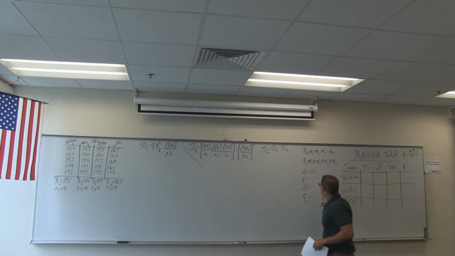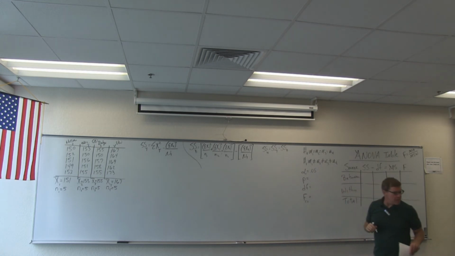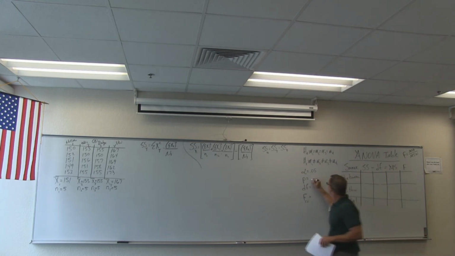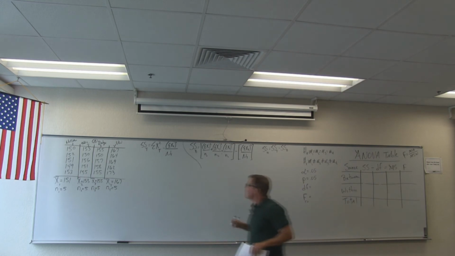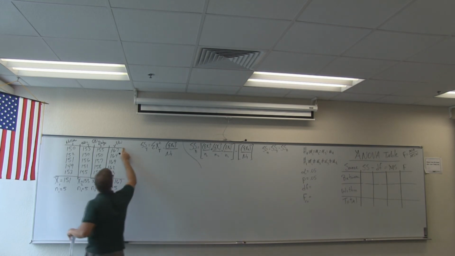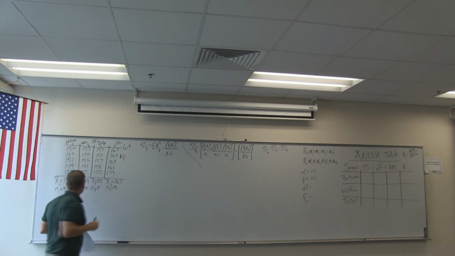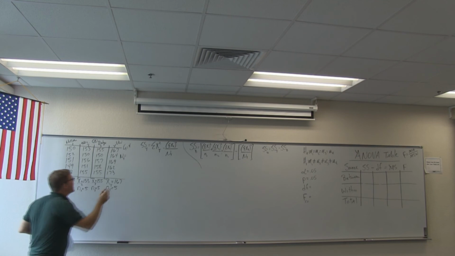Pretty standard alpha. We know that before we run any statistical test, our p equals alpha, right? In this case, G is 4. We have 4 groups. Capital N sub t, the total number of subjects, 4 times 5 is 20.